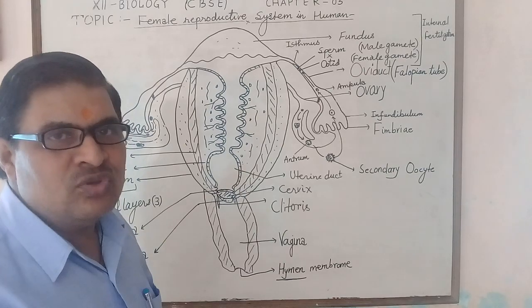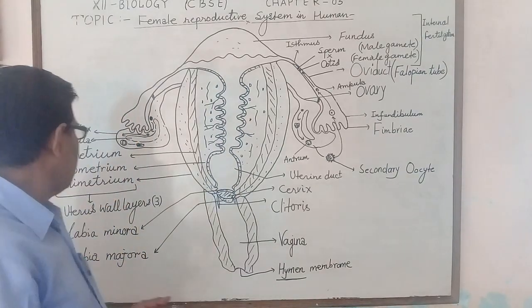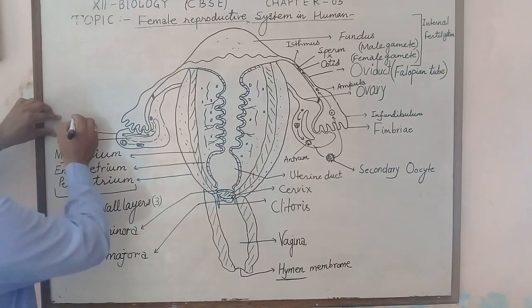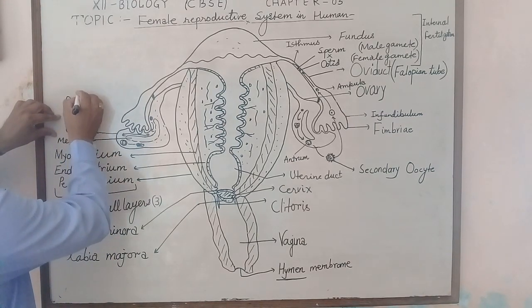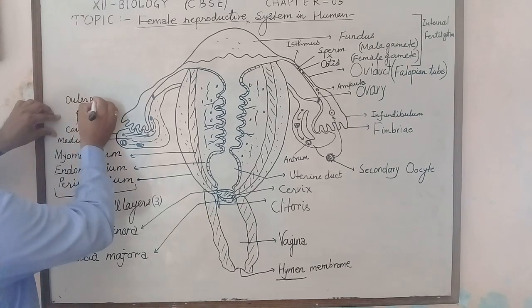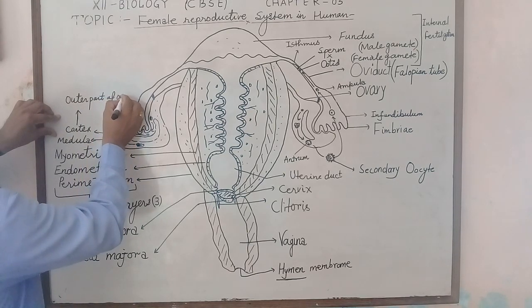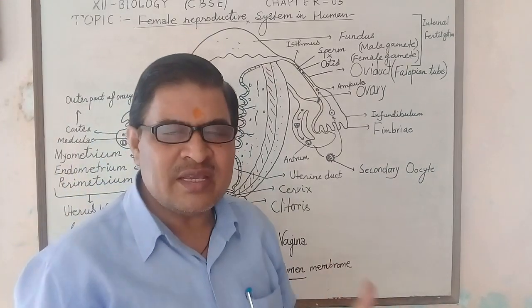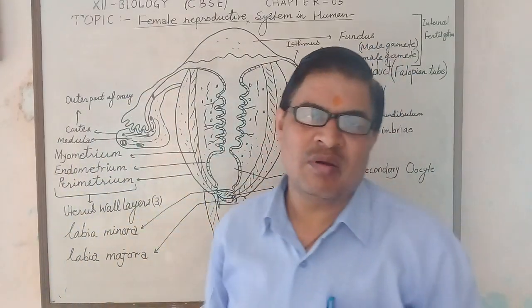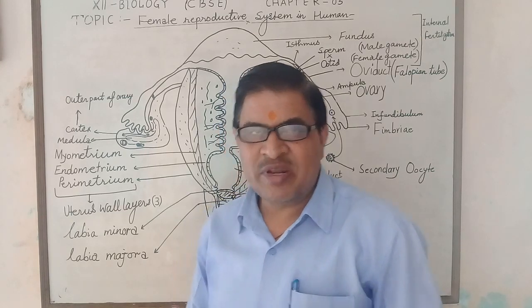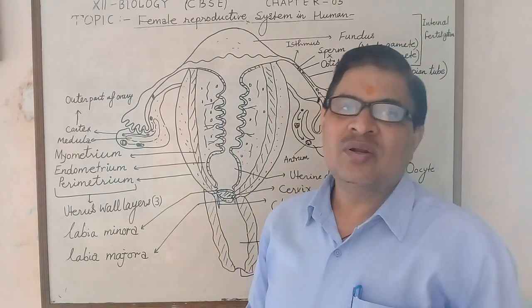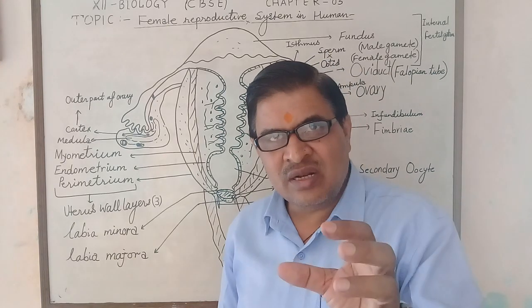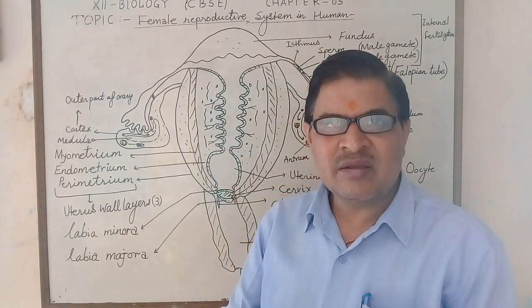The development of the secondary oocyte occurs in the cortex, the outer part of the ovary, and the medulla is the inner part. So the ovary is distinguished into two parts, the outer cortex and the inner medulla.